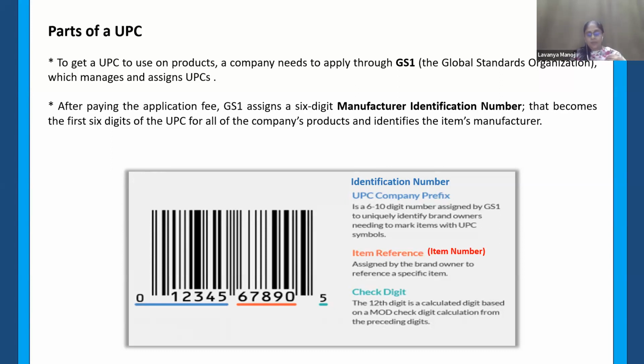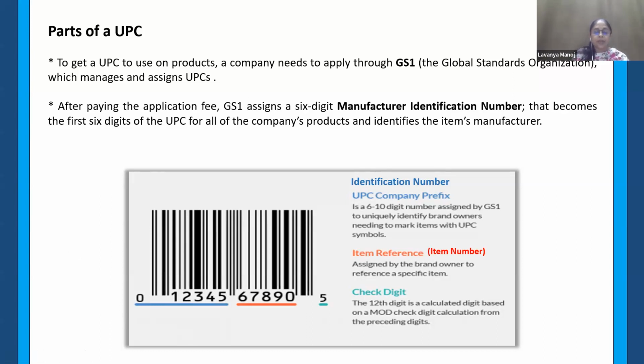So if I'm planning to have a UPC code, a universal product code for my company, I can apply to GS1 in Kalur and get the product code. The first 6 digits will be allotted by GS1 to my company.